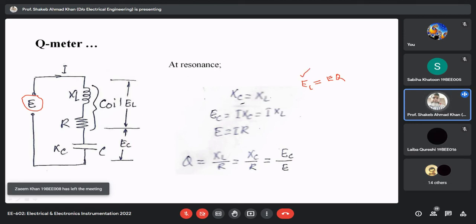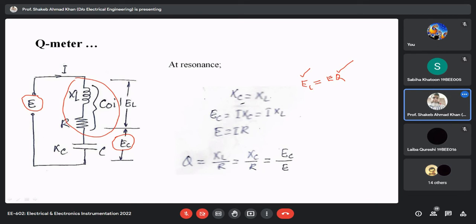So the concept is that by measuring the voltage across the capacitance, which is called the resonating capacitance, we can measure the quality factor of the coil. This is your coil, and this is the basis of the setup.